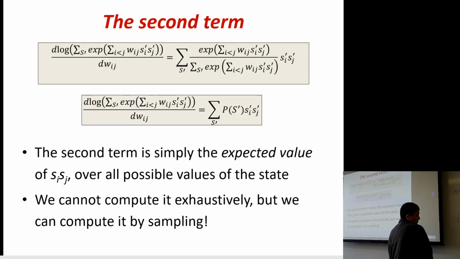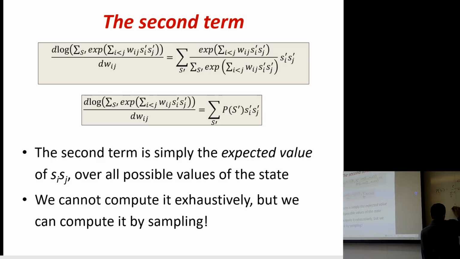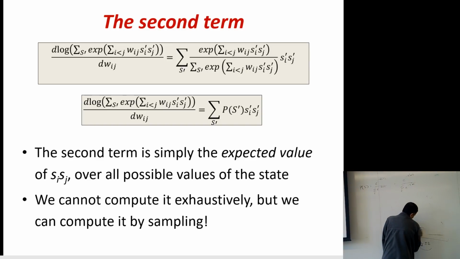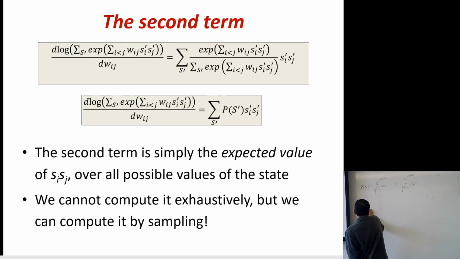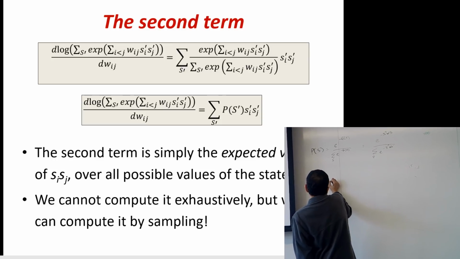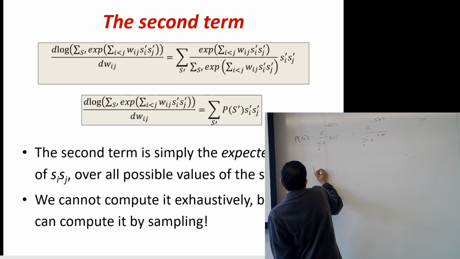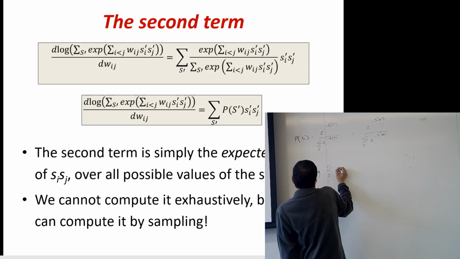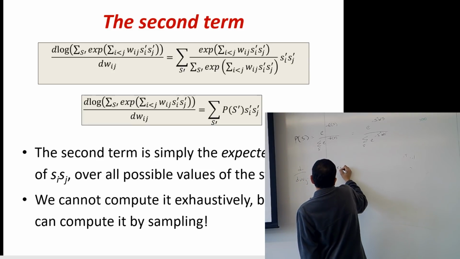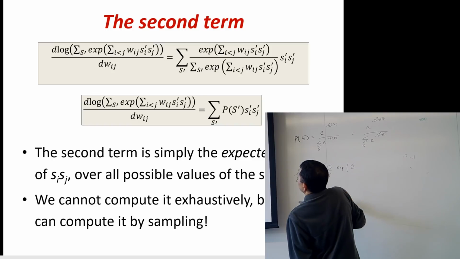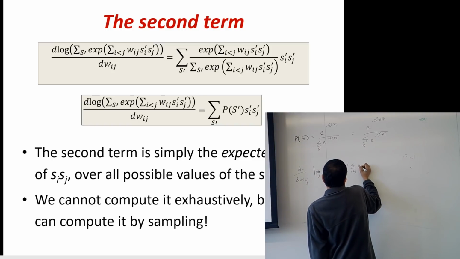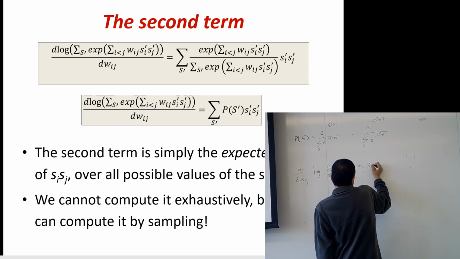So this is going to be d over dwij of log of summation over s prime of exponent of summation over i less than j of wij, s prime i, s prime j.